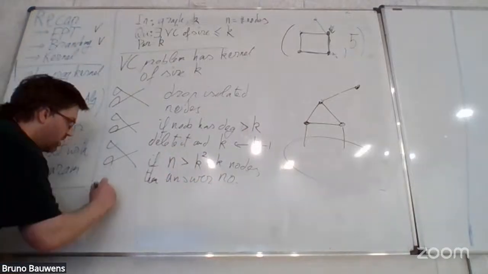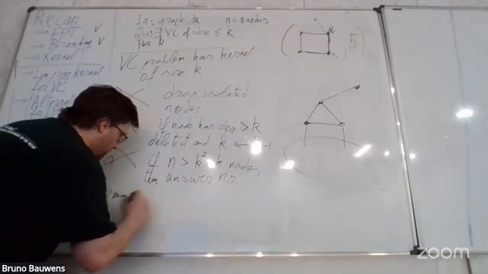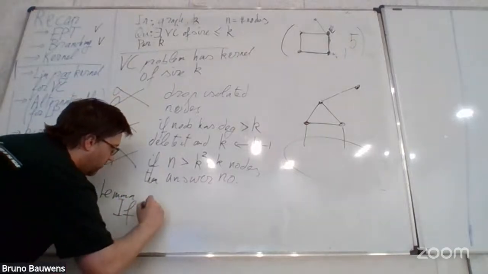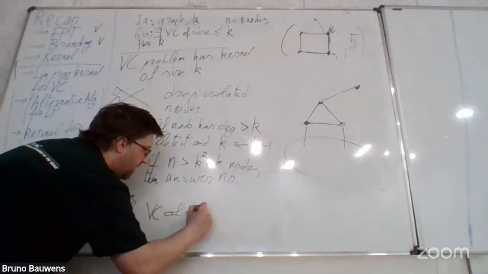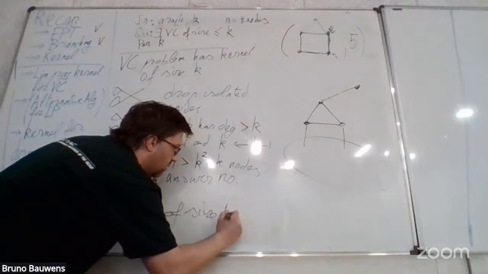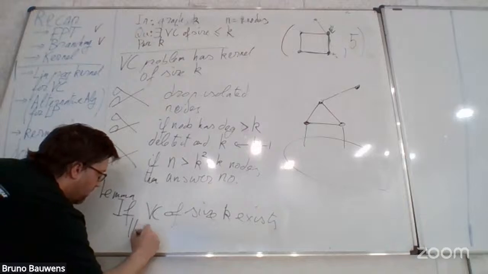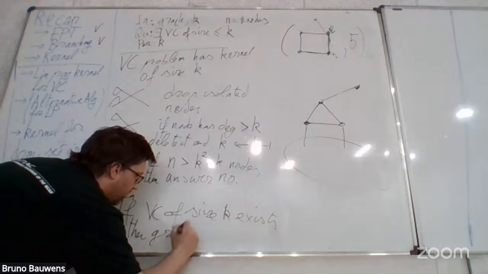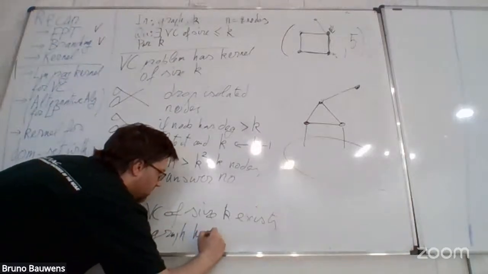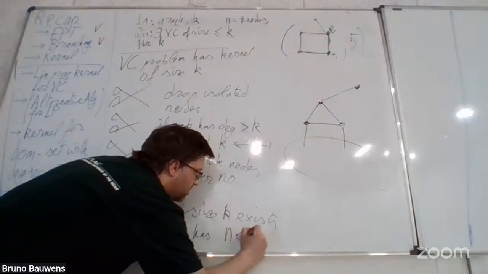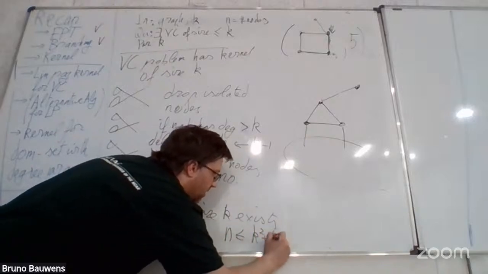So lemma: if a vertex cover of size k exists, then the graph has at most k squared plus k nodes.